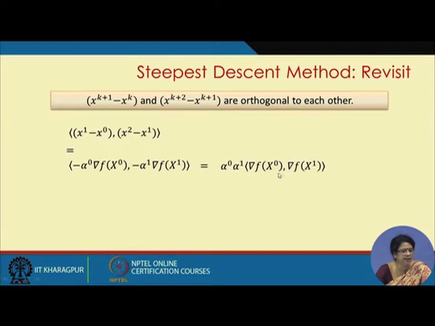That is why if we can prove that the gradients of these two vectors are orthogonal to each other, then for general k we can prove it. That's why we need to prove that this is equal to 0. Let us see the calculation for it.